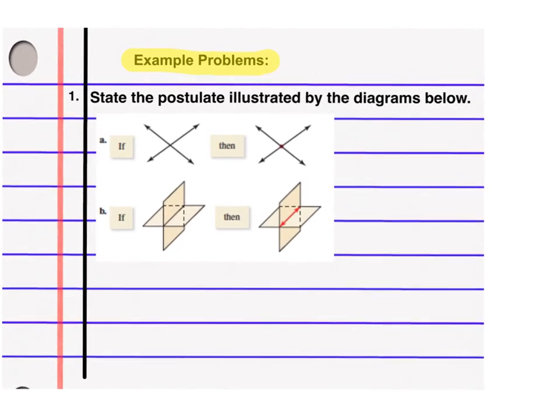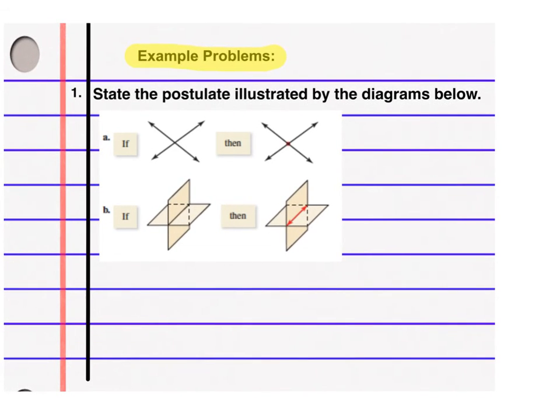All right, example problems. So pause the video, set up your examples, set up your diagrams. All you're going to do is state the postulate, 2-1, 2-2, illustrated by the diagrams. So part A says if 2 lines intersect, they intersect at one point. So I'm just going to go back and look for 2 lines intersecting at one point.